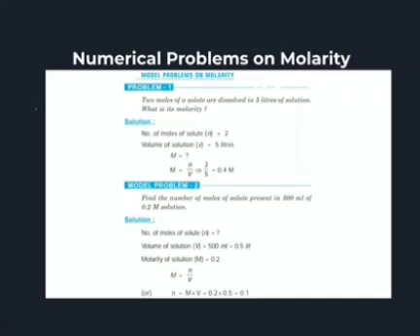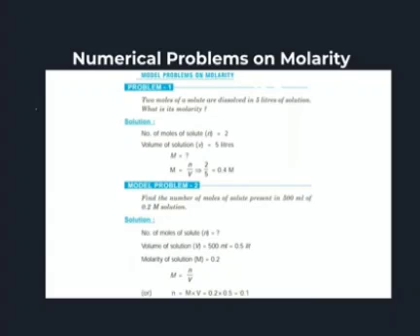First problem: 2 moles of a solute is dissolved in 5 liters of solution. Then what is its molarity? Given data, number of moles of solute, small n, is equal to 2.